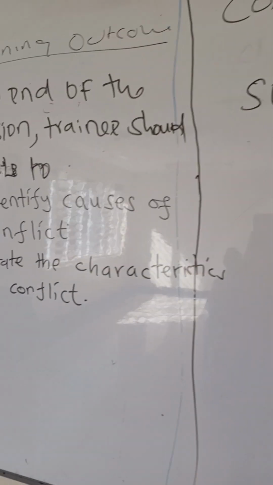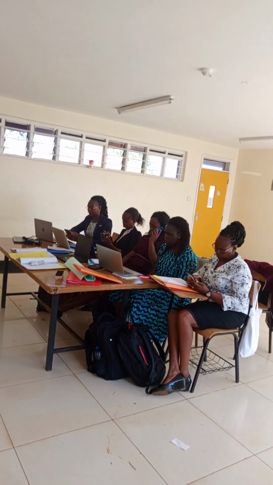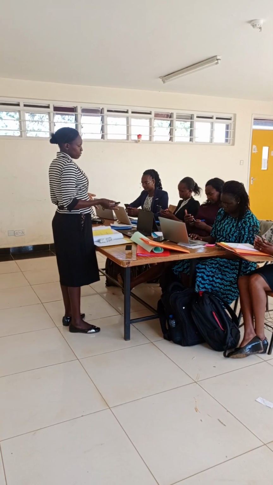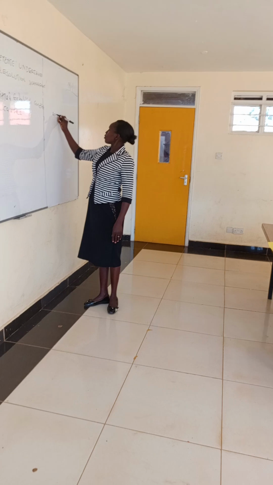So class, since we now have our phones with us and we have an internet connection, let us check quickly. We identify the causes of conflict. I believe that we still remember that in our last lesson we talked about conflict. Do we still remember? Yes. So what did we do the last time? You want to have some recap?